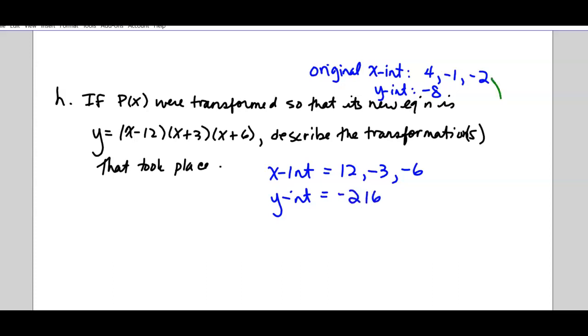Going from this to this is a horizontal stretch by 3. Going from here to here is a vertical stretch by 27.